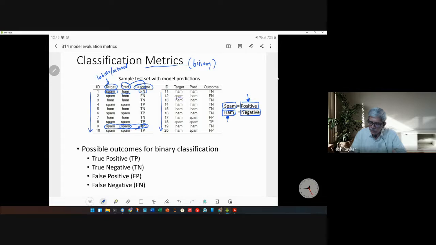So similarly, ham would have true negative, and let's take something where it is ham spam. So ham spam is false because there is a mismatch, and the second is the predicted label. So predicted label is spam, which is positive. Means it is predicted as positive, that is spam, but that is a false indication.